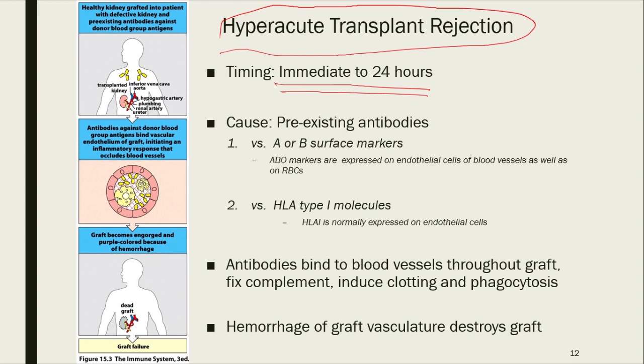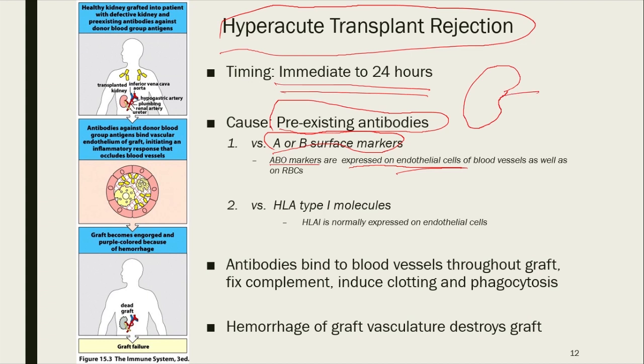The reason for this type of rejection is usually some pre-existing antibody, against the basic ABO markers. If you have an unmatched blood type when you're doing a transplant, these ABO markers are also expressed on the endothelial cells of blood vessels, and those blood vessels are usually carried over in a transplantation.